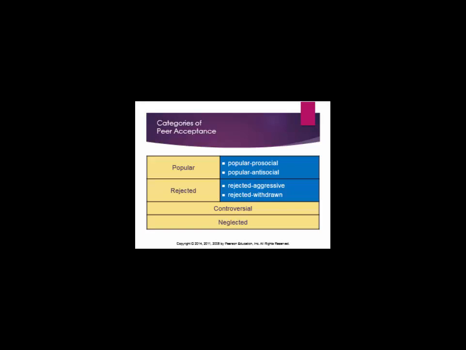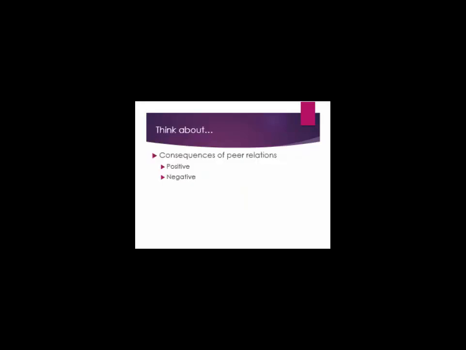So I'd like you guys to think a little bit about the consequences of peer relationships. Peer acceptance is a powerful predictor of psychological adjustment. We see that rejected children are typically anxious, unhappy, disruptive. They've got lower self-esteem.